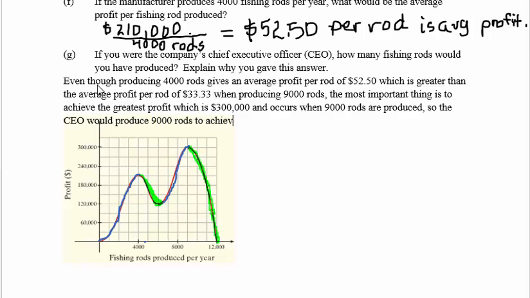So the CEO would produce 9,000 rods to achieve the greatest overall profit of $300,000.